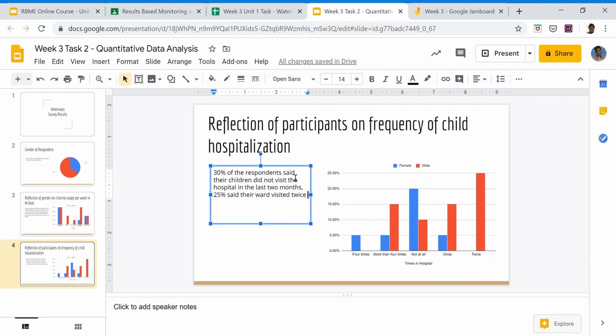So once and more than 4 times have the same. Yes, 20%.